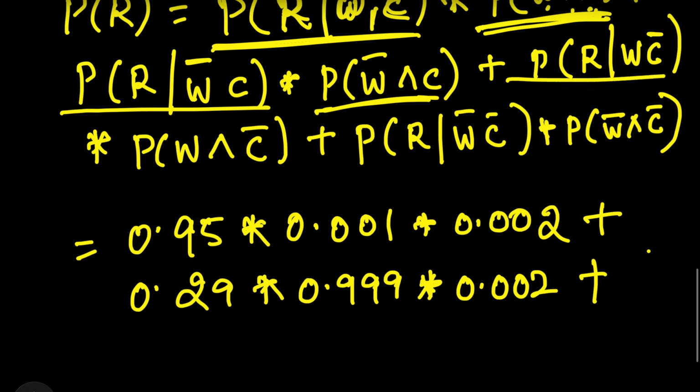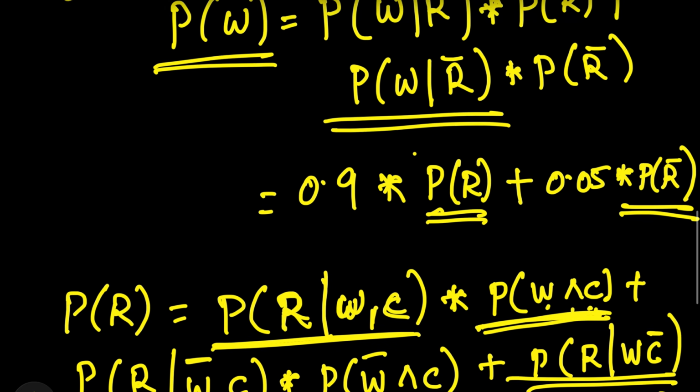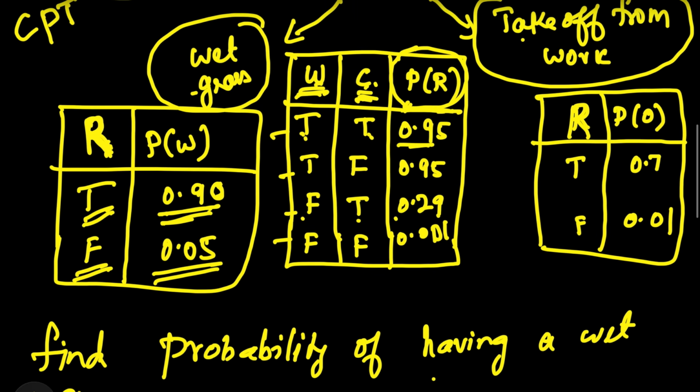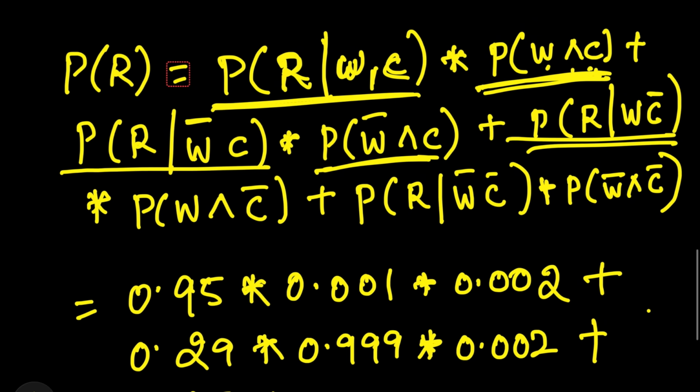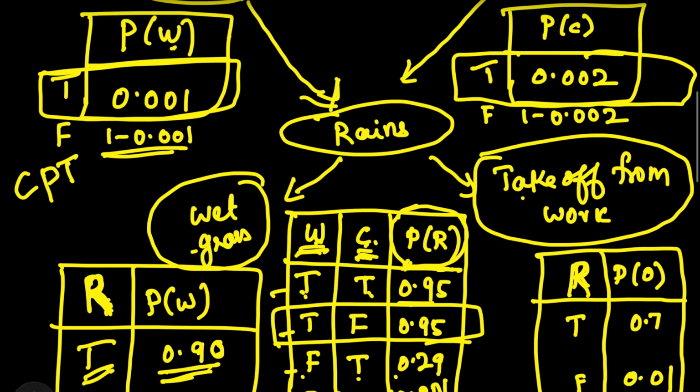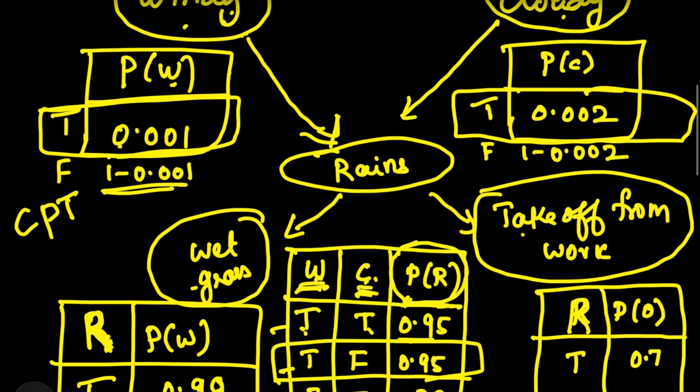Plus probability of rain, wind true, cloud false. What is the probability of rain? 0.95. So we'll take 0.95 into the probability of W and the false condition for cloudy. Probability of windy is 0.001.